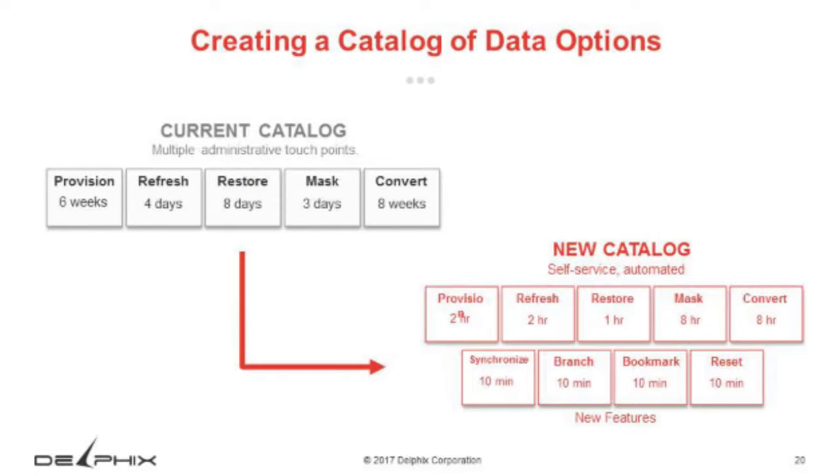So rather than it taking 6 weeks to provision a copy of a database, 4 days to refresh it, whatever else, if we are able to provision copies of entire applications in minutes, we can create an automated catalog of data options over time. Depending on your applications or your databases, we can bring those into Delphix and then collect incremental change data over time and ensure that anything created from that data is masked.